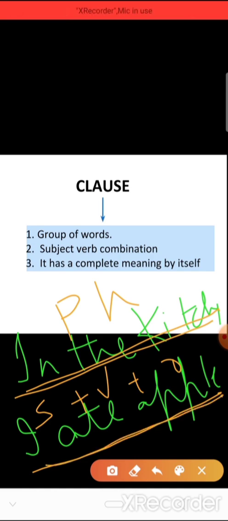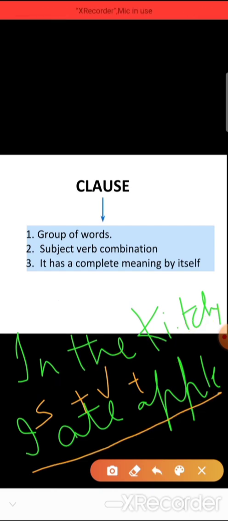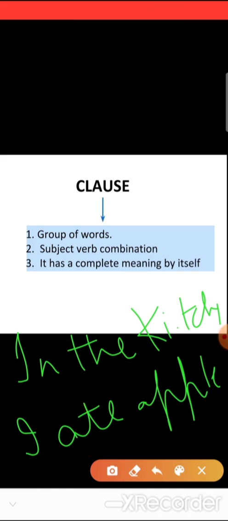So if we separate "I ate apple" from "in the kitchen", then still it will make complete sense. So let's see, does it complete the conditions? I ate apple is a group of words, correct. Does it have a subject verb combination? Yes, it has the subject verb combination.